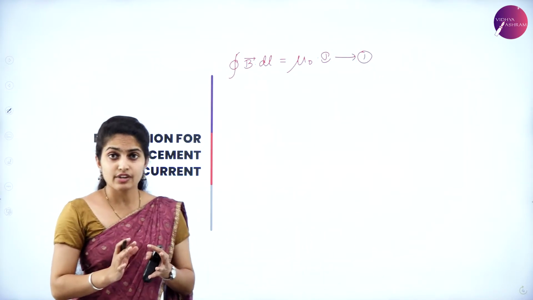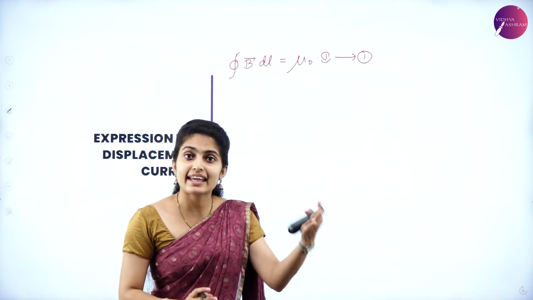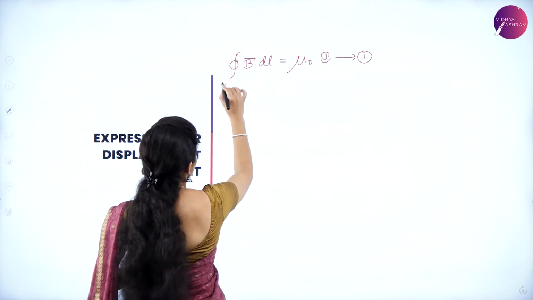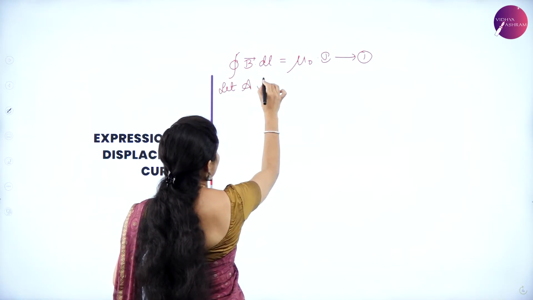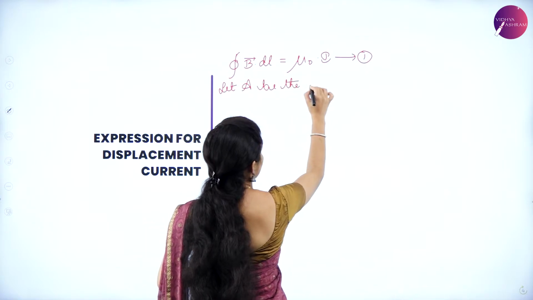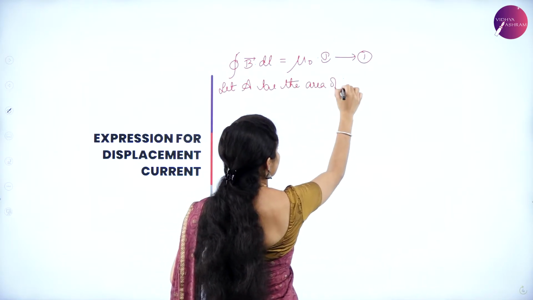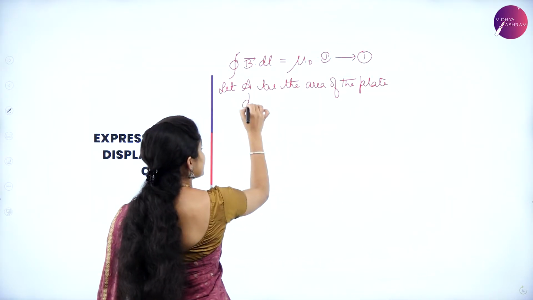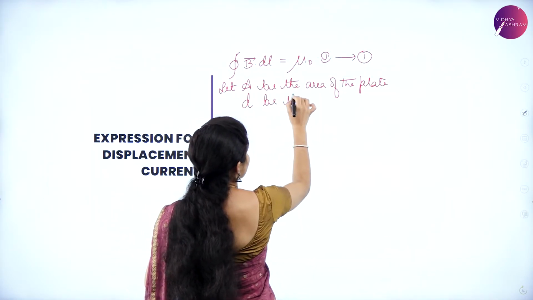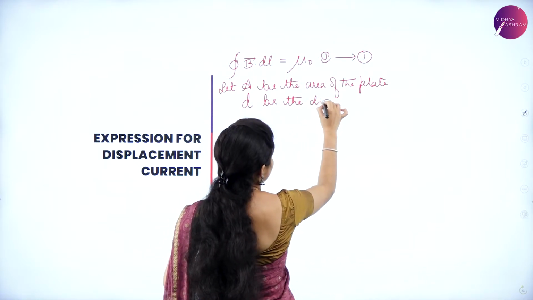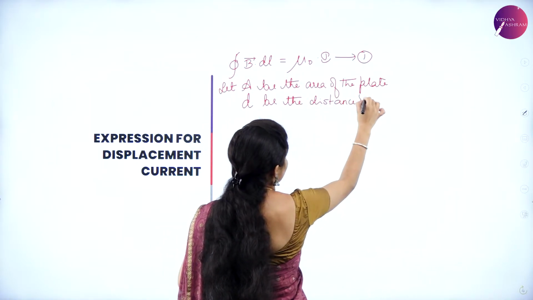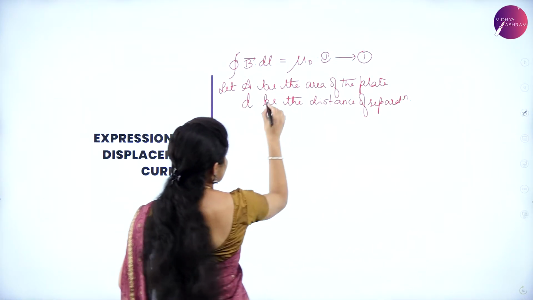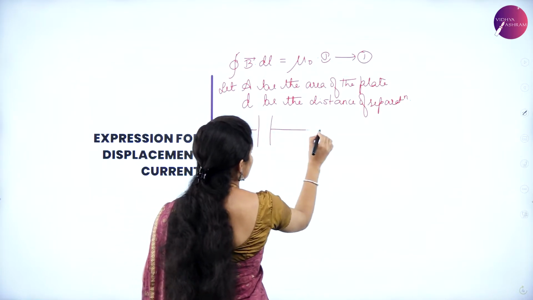Now, he considered, let A be the area of the plates and D be the distance of separation. This is about the capacitor we are talking about.